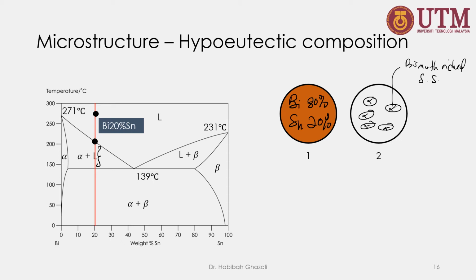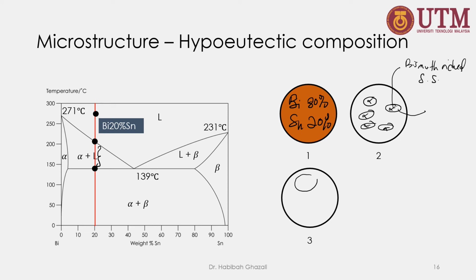So our liquid will keep depleting of an element because solid is forming. At a temperature of 139 degrees Celsius, this primary alpha will end its solidification.